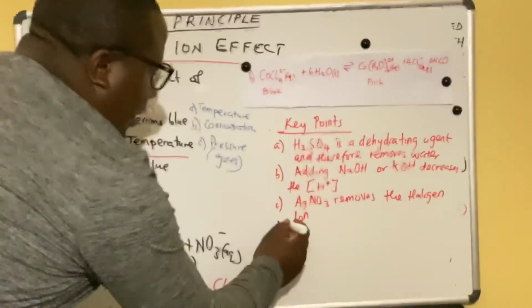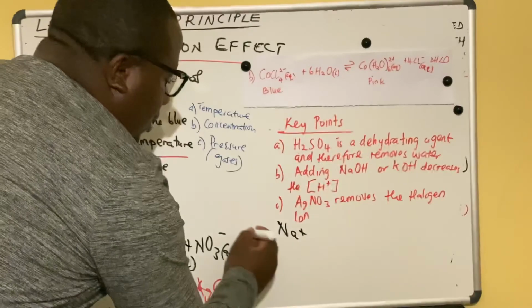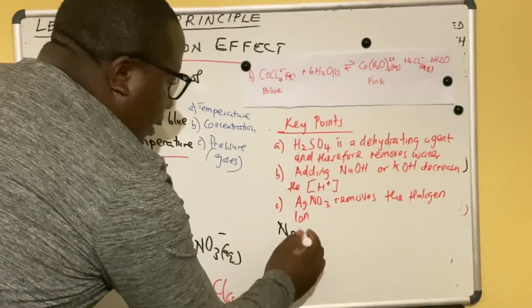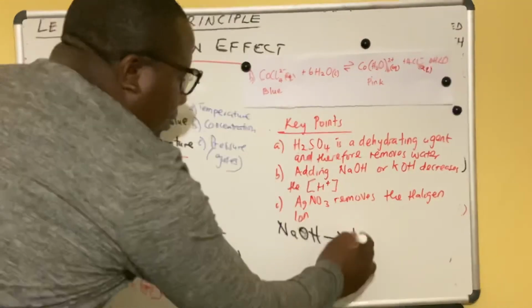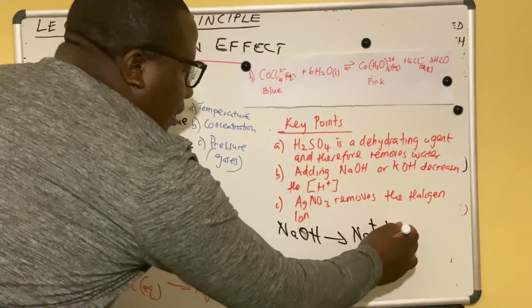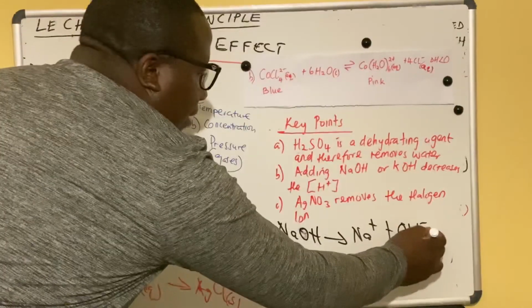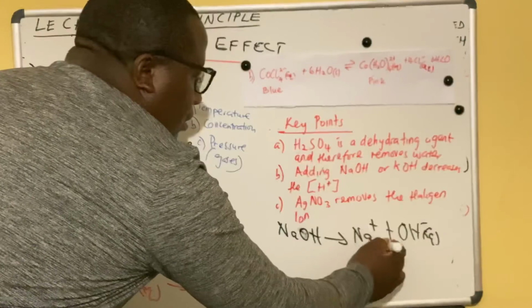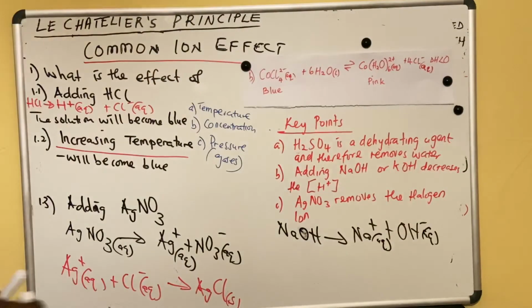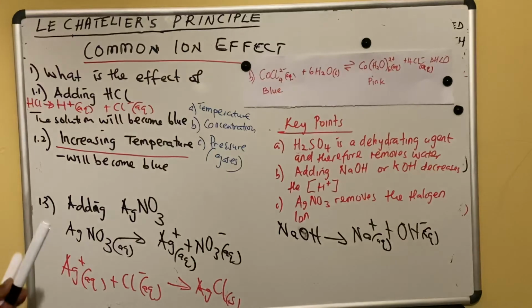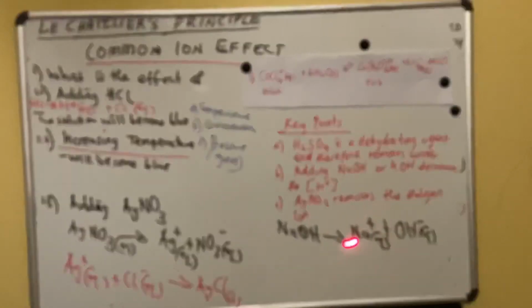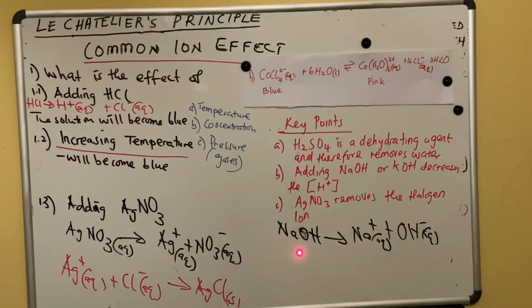Sodium hydroxide in a solution is going to give us sodium and hydroxide ions. This is a hydrogen ion, this is a hydroxyl ion. So let's not confuse the two. So this is what happens. Sodium hydroxide, we are going to have Na plus and OH minus ions.